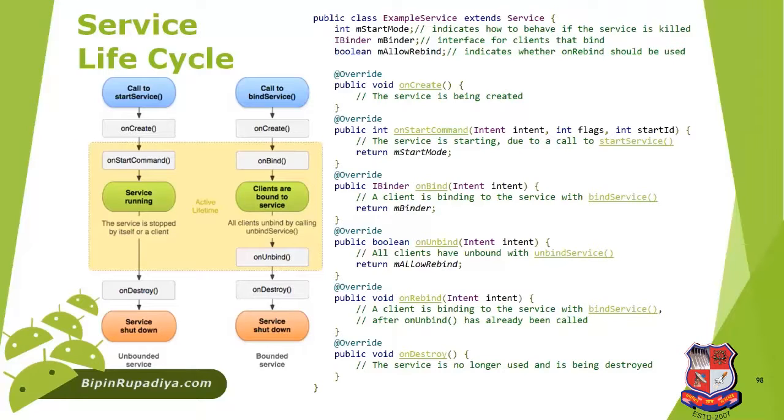Now if the examiner wants to make your paper difficult, they will add a keyword, such as explain the life cycle of unbound service. Then in that case, onBind and onUnbind are not included, right? And if the examiner asks to explain the life cycle of bound service, then you should omit onStartCommand. But if the examiner says explain the service life cycle, then you have to explain all, right?